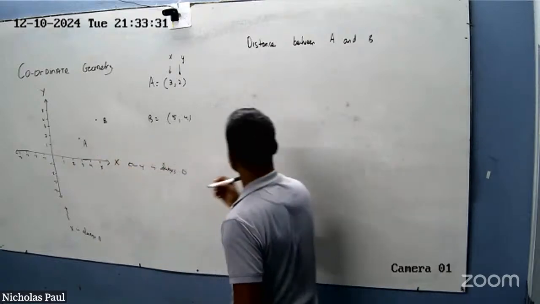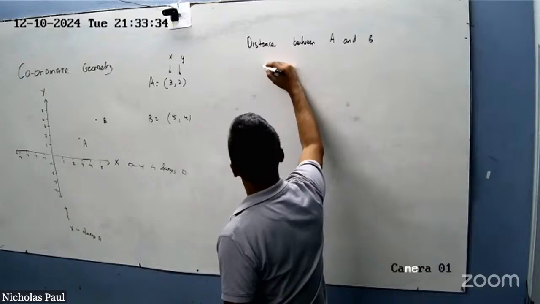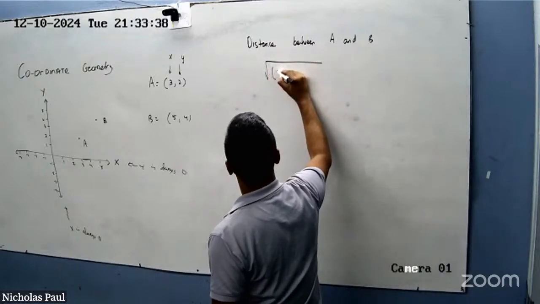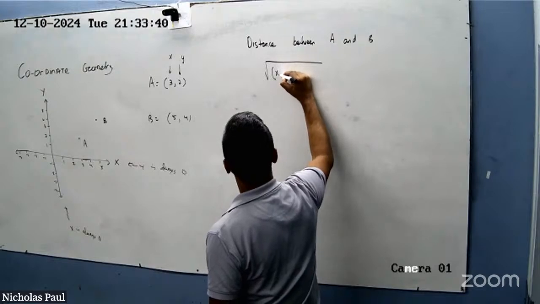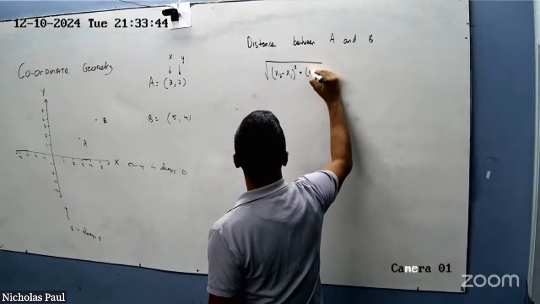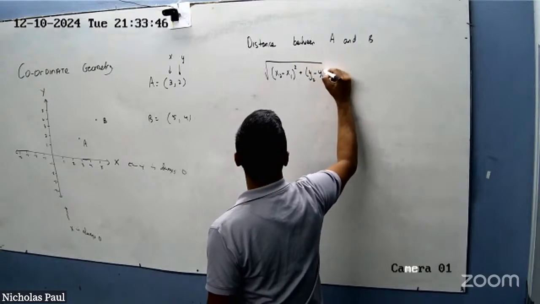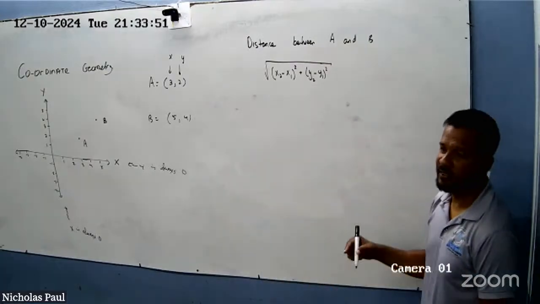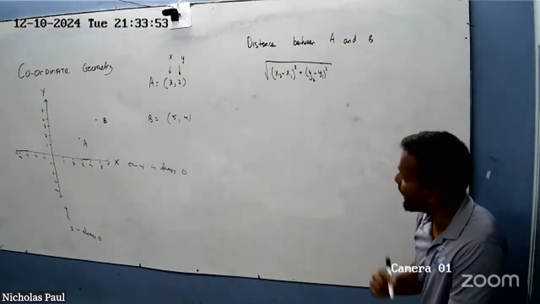In order to do that, we use the formula: the square root of (x2 minus x1) squared plus (y2 minus y1) squared, right? So we take the x1 value from the x2 value, squared, and so on, right?